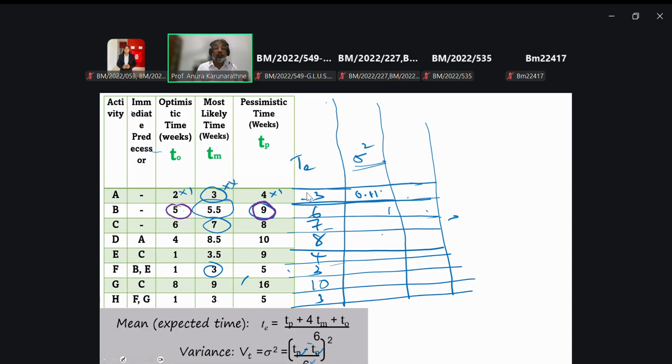Next one, 8 minus 6, that is 2. 2 divided by 6, square, I mean again the same answer, 0.11.